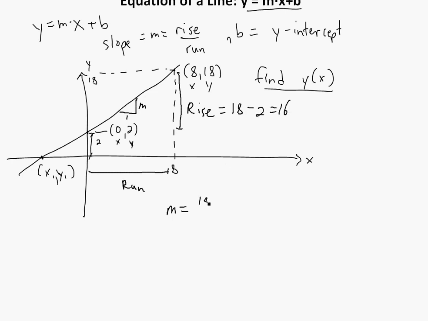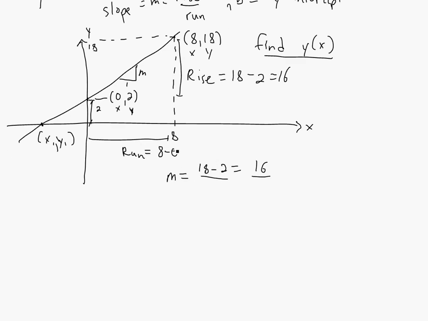So rise is 16 over run. Run is 8 minus 0, the distance from here to here. So you just make a triangle at any two points. 8 minus 0 equals 8. 16 over 8 is 2. So your slope is 2.